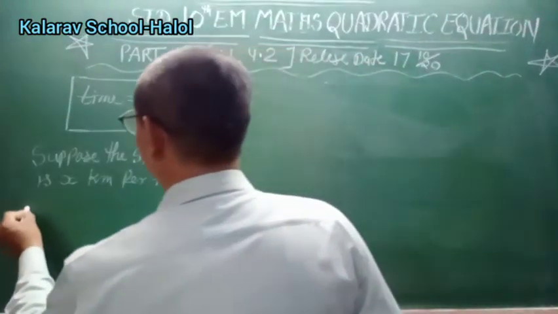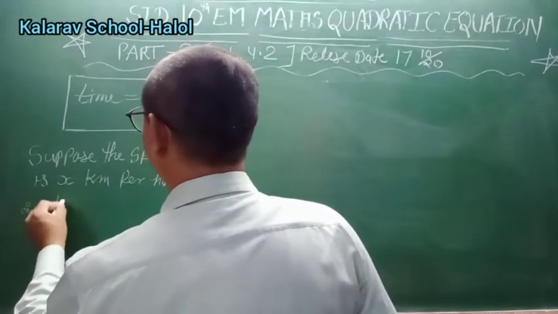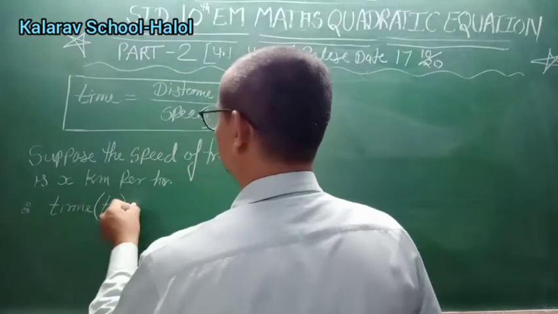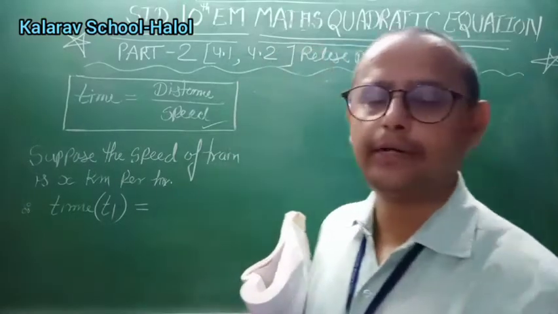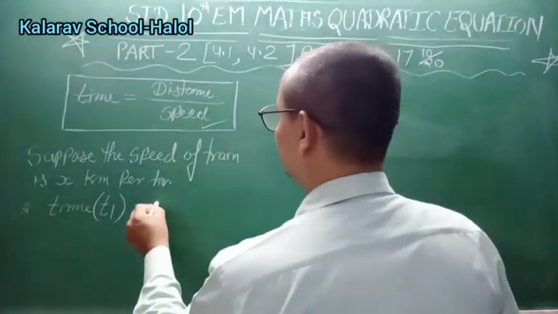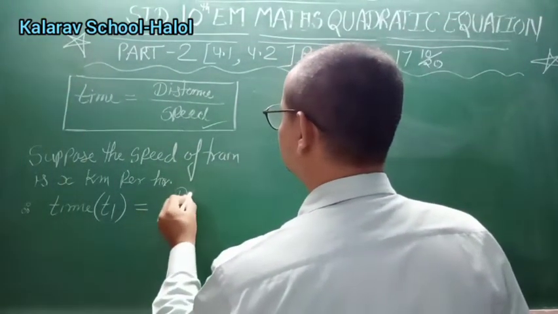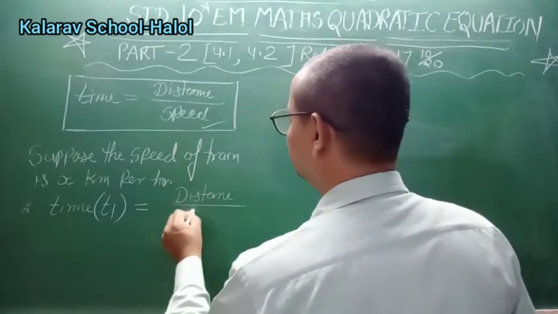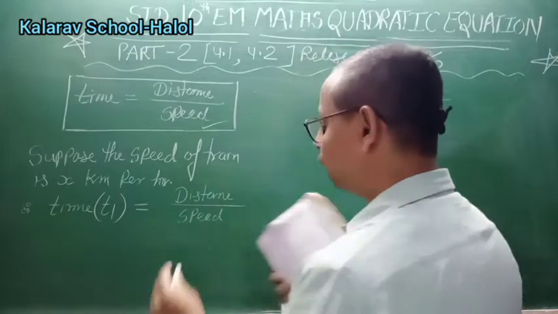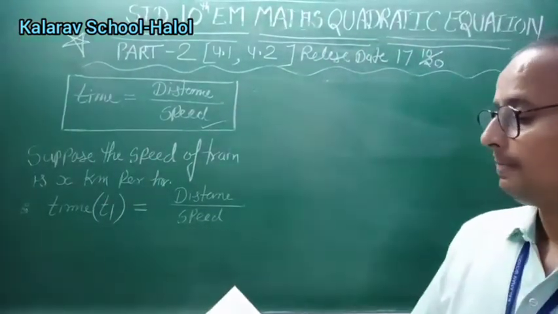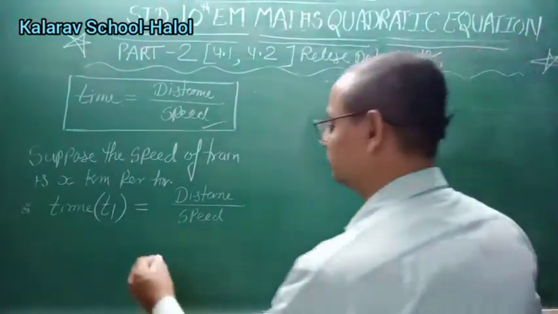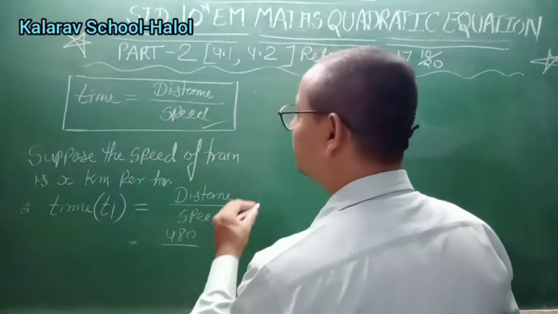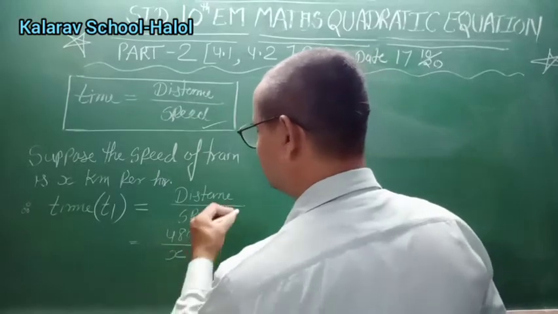Therefore, time t1. So what is time t1? That is distance upon speed. What is distance mentioned here? It is 480 kilometers. So 480. And what is the speed? Speed is x.